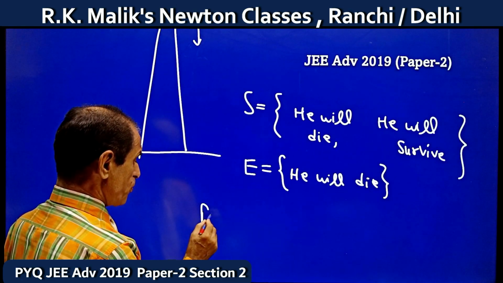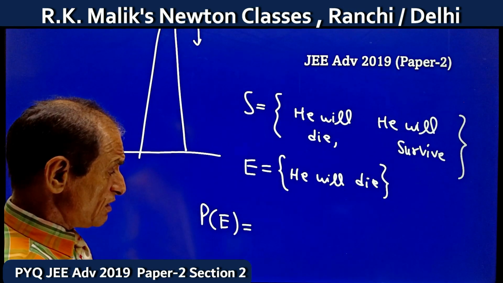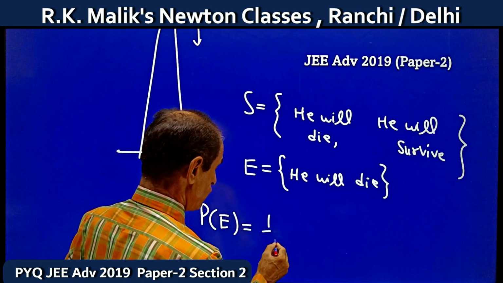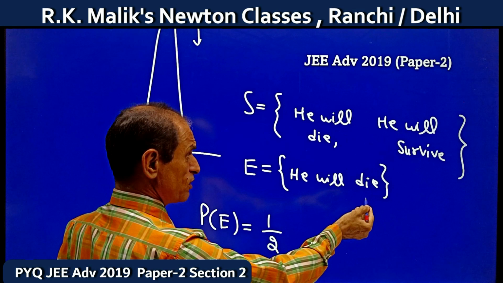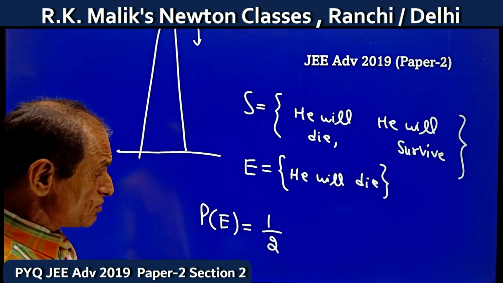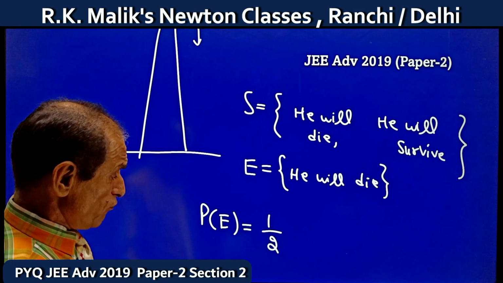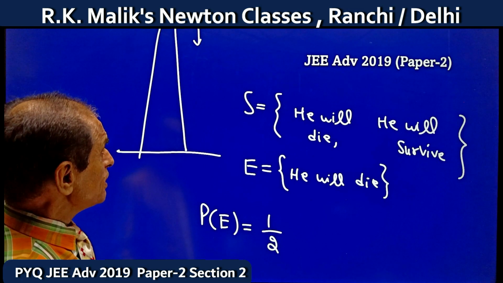Then the probability of E, if we find mathematically, is 1 by 2, because favorable number of cases is 1, total number of cases is 2, and the answer comes to be 0.5, that is 1 by 2. But practically the probability is 1.